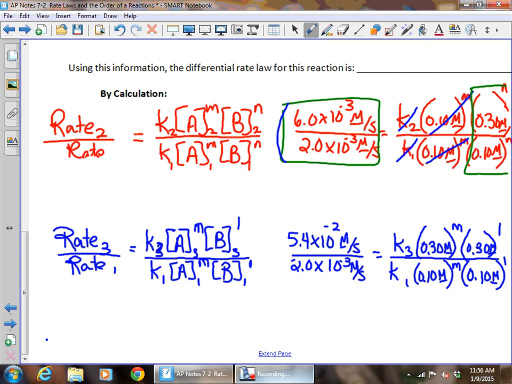So let's solve for this. Right now, the only thing that we can cancel are our K's. If we look at this next part, we see that 5.4 times 10 to the negative second divided by 2.0 times 10 to the negative third. Put that in your calculator, and you'll see that that comes out to be 27.